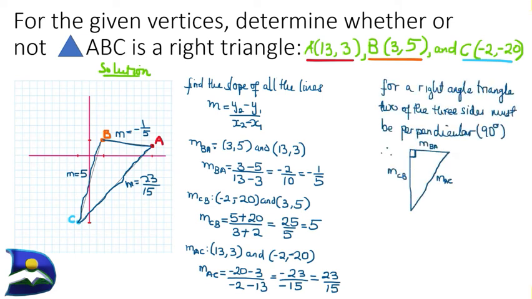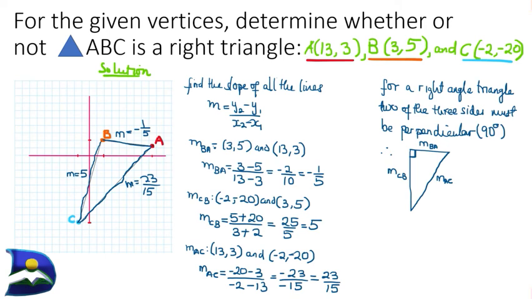Now, once we have all the slopes determined, we need to recognize that for a right triangle, 2 of the 3 sides must be perpendicular, which means they form 90 degrees with each other.